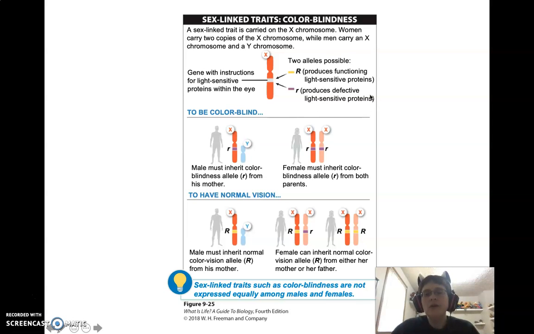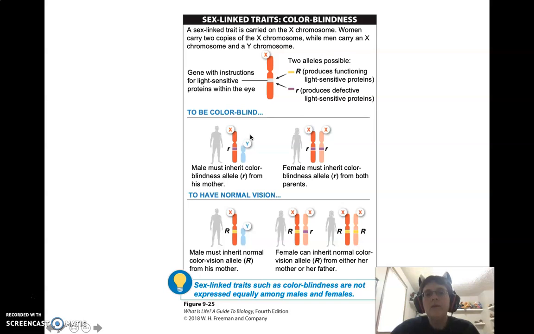So this is the one that creates the red-green color blindness. So a male has to inherit an X chromosome with the little r on the X, and then he'll have a Y chromosome because remember, if you have a Y, you're a guy.